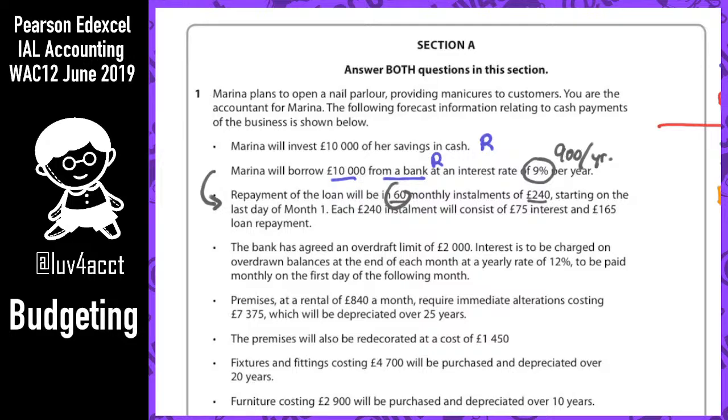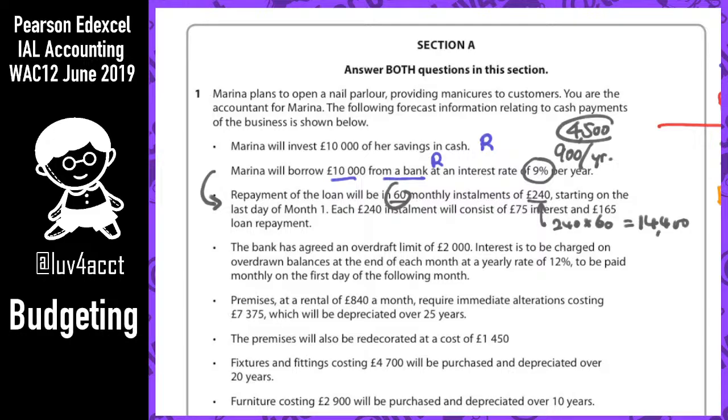That means you are going to pay 4,500 interest in total. But if you multiply 240 by 60, you will find 14,400, which will be 100 short.